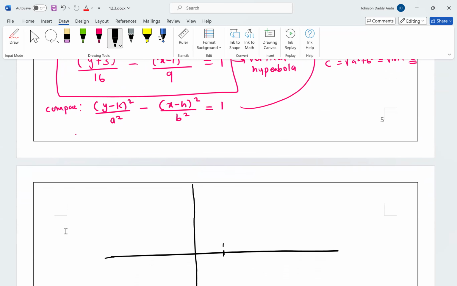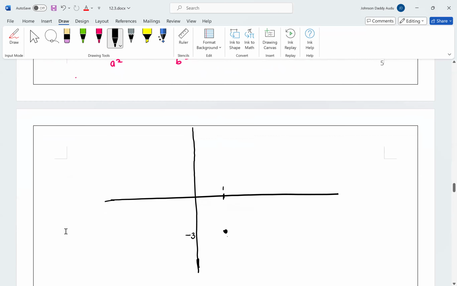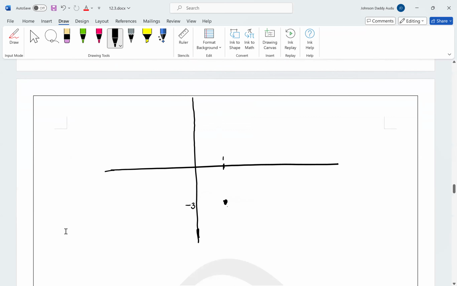Now, since it's a vertical hyperbola, it means our vertices are going to be vertical. Our transverse axis is going to be vertical. So if this is the center, we have to go vertical a distance of, remember, what is our a?